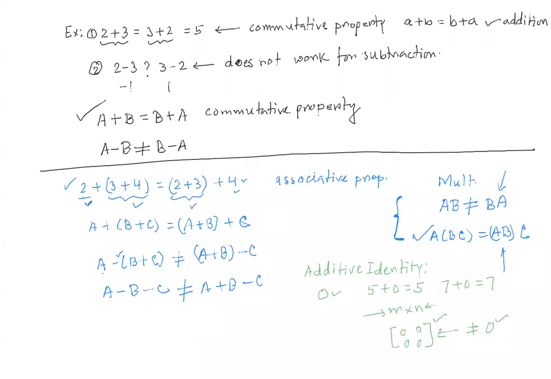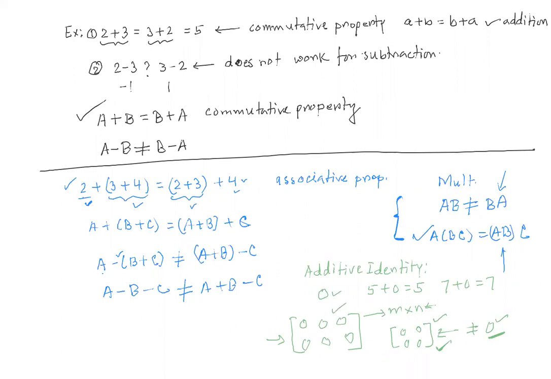Sometimes carelessly people just write this when they mean this. Okay, this is the additive identity. For a 2 by 3, additive identity is going to be 0, 0, 0, 0, 0, 0. That means if you add this matrix to any 2 by 3 matrix, it will still be the same matrix. It won't change.